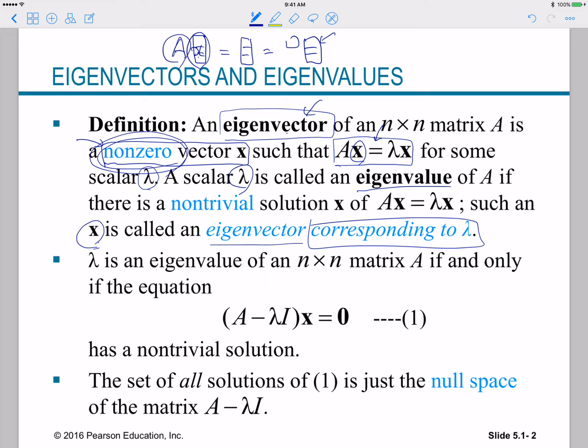So there is a correspondence. As we saw in the previous example, a particular lambda comes together with a particular eigenvector. So a particular eigenvector and a particular eigenvalue are a pair that satisfies this equation together. And then we can find another pair of eigenvector and eigenvalue that satisfies this equation.